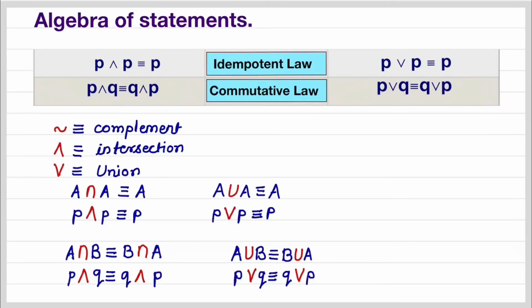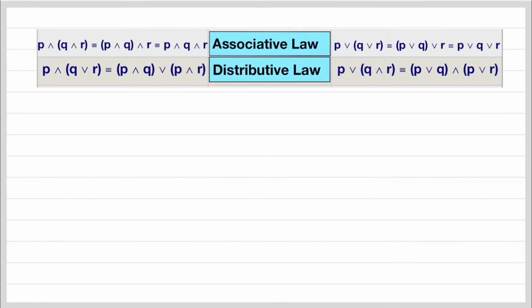The next laws are the associative law and the distributive law. First of all, we will see the associative law. In set theory, the associative law says that (A intersection B) intersection C is equivalent to A intersection (B intersection C).